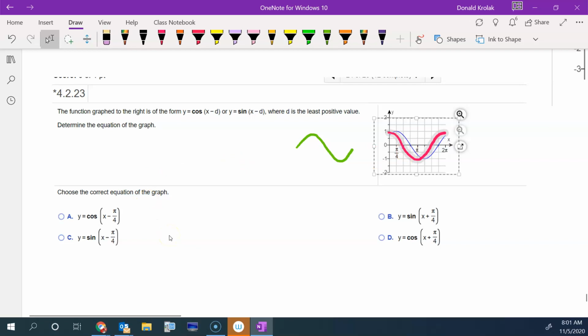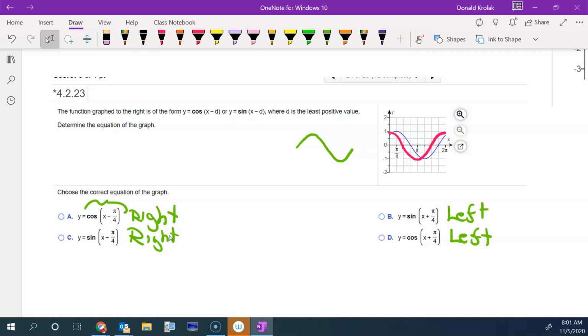So what does this one do, guys? Right or left? This one moves to the right. How about this one? Right? And this one is left and left. Okay?